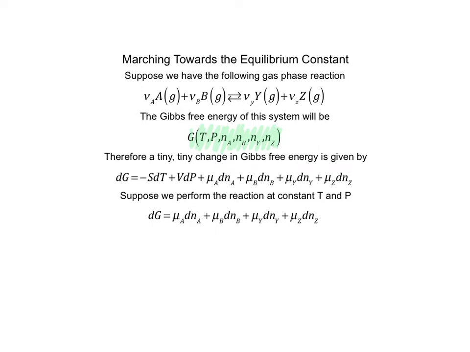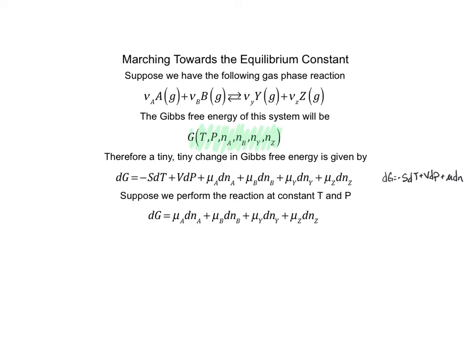This is basically what we worked out in chapter 7, where we said that dG is equal to minus SdT plus VdP plus mu dN. And what we are being specific about here is specifying mu dN for each of our species. And remember that mu is our chemical potential and N is the number of moles.